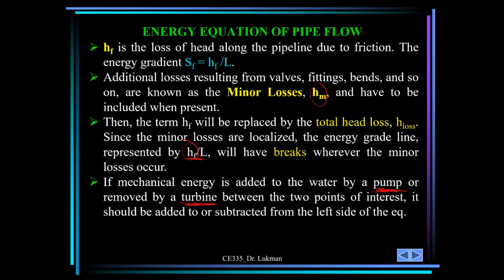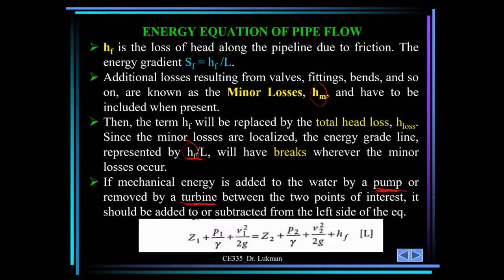So pumps should be added on the energy-supply side and turbines subtracted, since a turbine removes energy. All this we are going to see exactly how to incorporate using an example, when we add a pump and when we have a turbine.